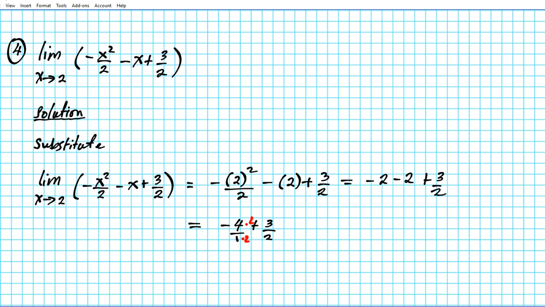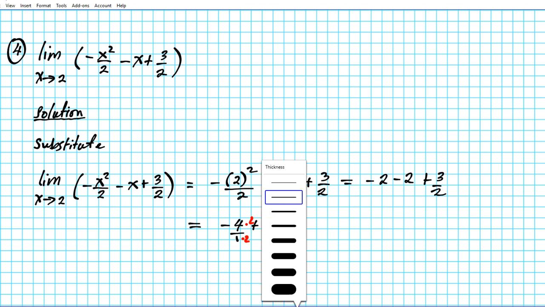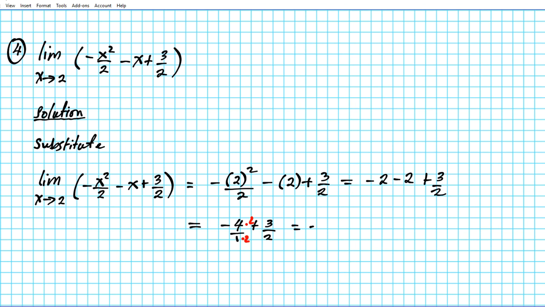And that yields negative 8 over 2 plus 3 over 2. Now that the denominators are the same, we can just subtract the numerators and keep the denominator, and that's your answer. This is what this quadratic trinomial approaches as x gets infinitely close to 2 from the left and the right side.